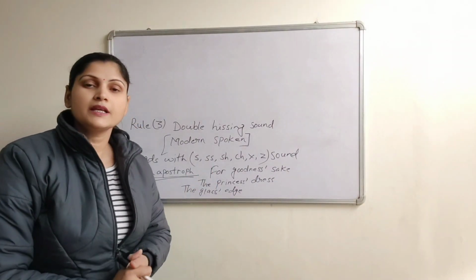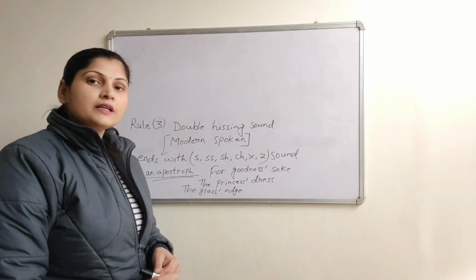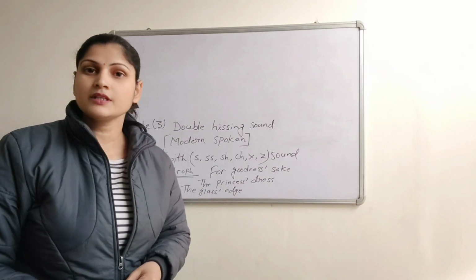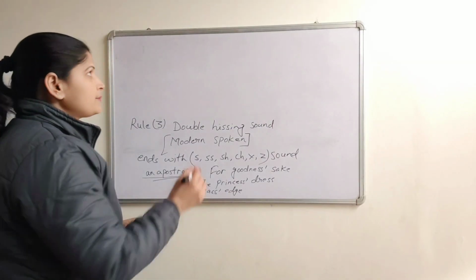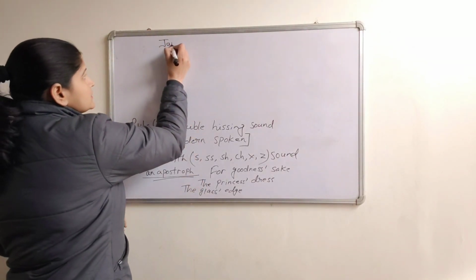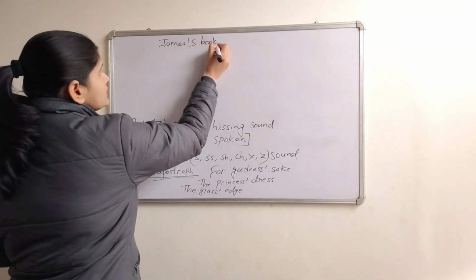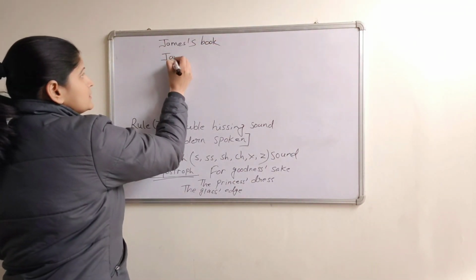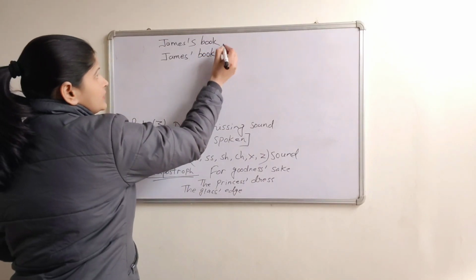This rule is mainly used in modern spoken English, but examiners usually accept both forms. For example, James's book or James' book.